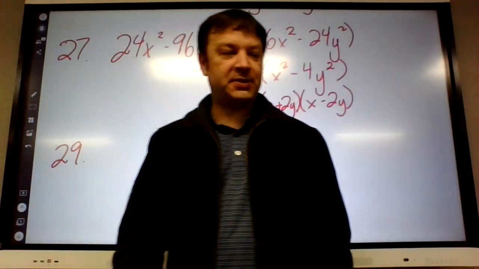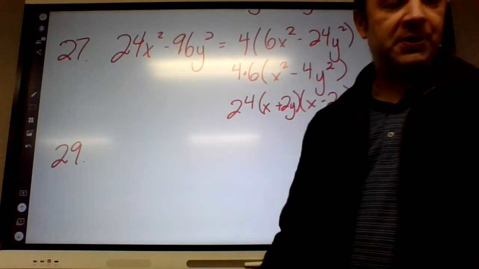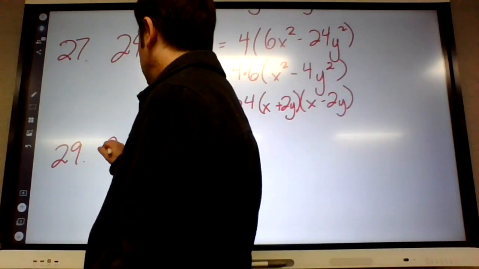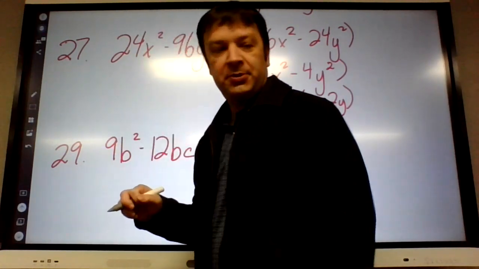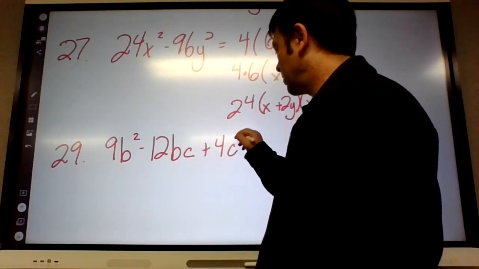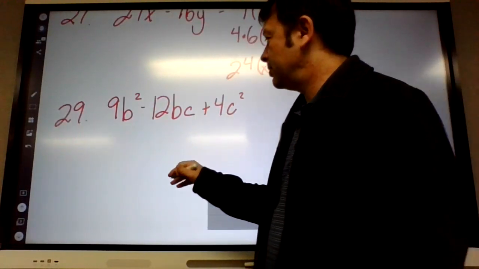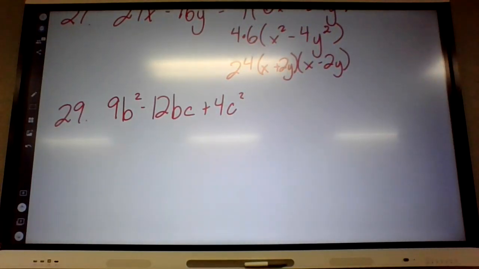Trickier on the bottom, you guys can tell. 9b squared minus 12bc plus 4c squared. That's why I wanted to do most of them yesterday. All right. Davin, can we take anything out of these three?